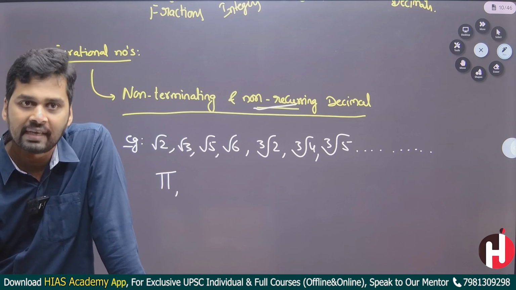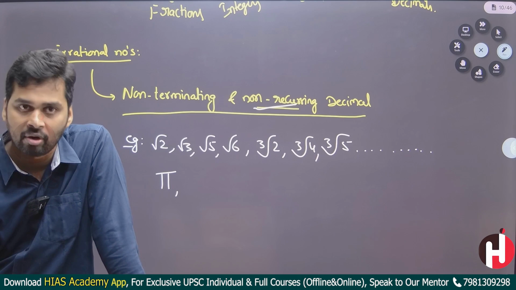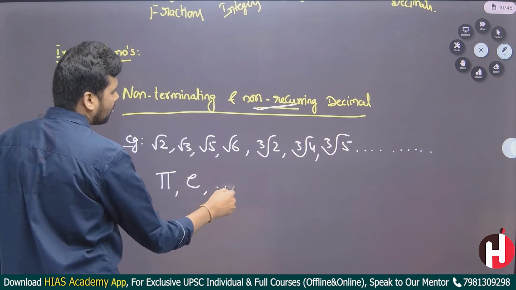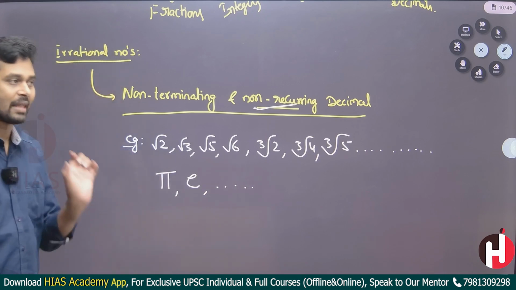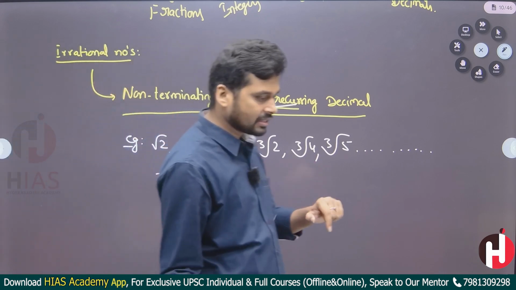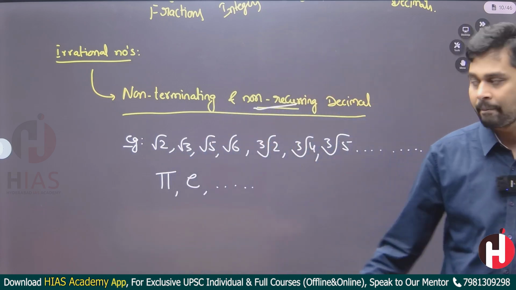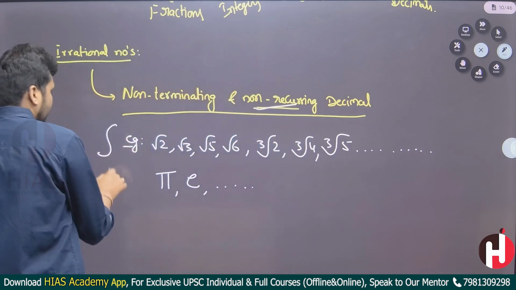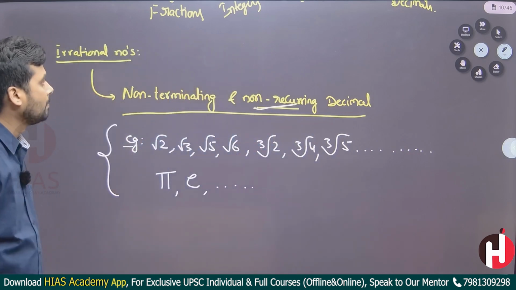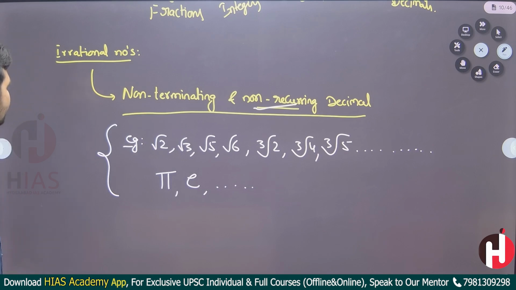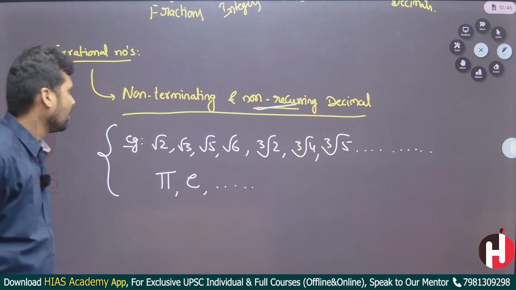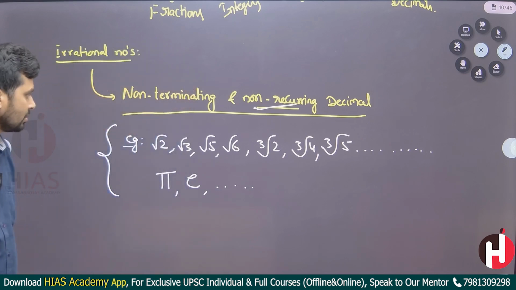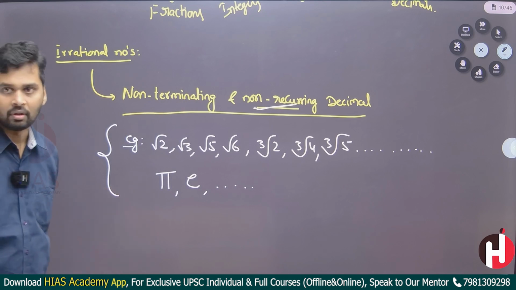It is not an exact value, so it is a non-terminating and non-recurring decimal. Pi, Euler's constant, any mathematical constant is considered an irrational number. If a mathematical constant is given, then obviously it is irrational. These are the main important points: irrational numbers are numbers which are non-terminating and non-recurring decimals.